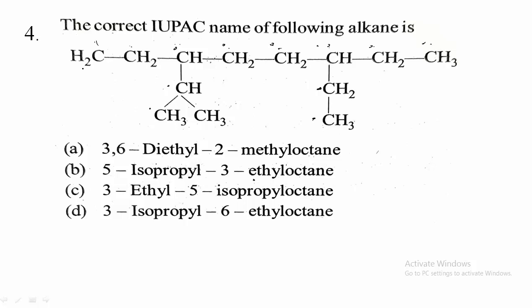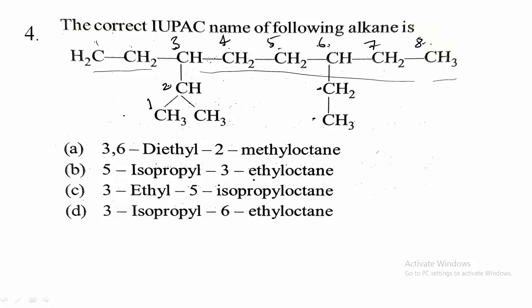So if we take this straight chain, how many substituents will you get? 2 substituents. Instead, if I number this chain as 1, 2, 3, 4, 5, 6, 7, 8, how many substituents will I get?